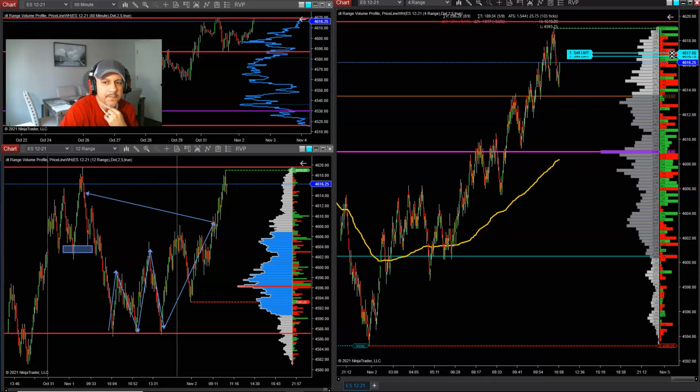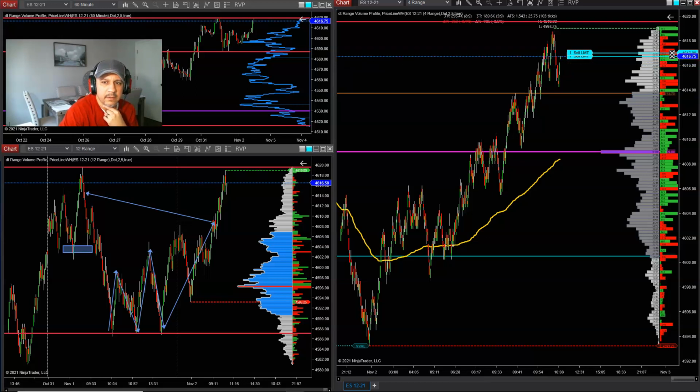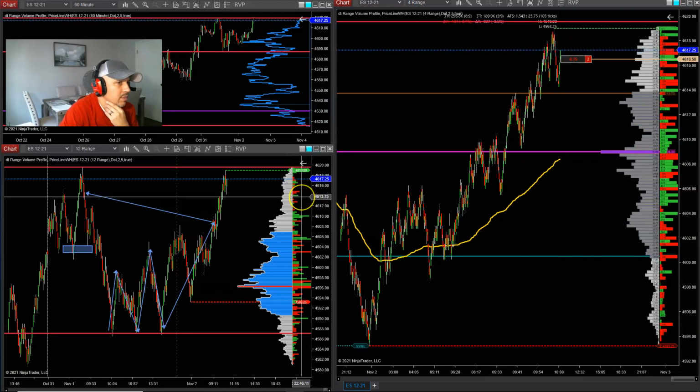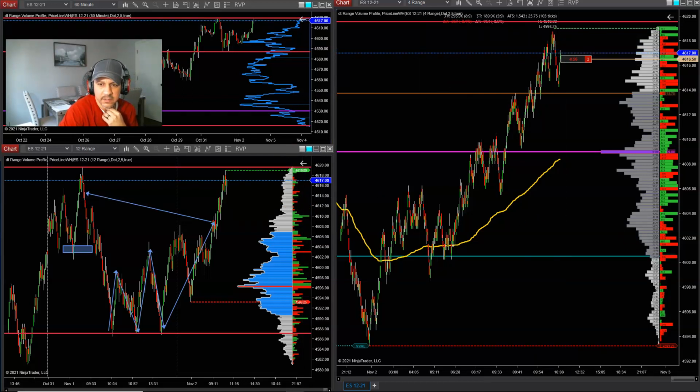Come on, higher. Come on. That's that area. All right, I'm short. Price can pull a little higher here, but I'm looking for the market to come down to test 46.13 right here.